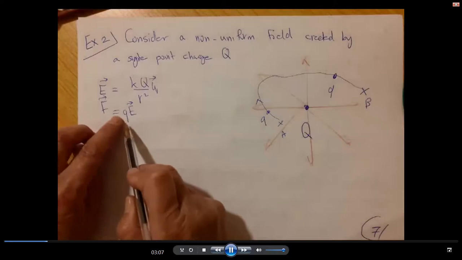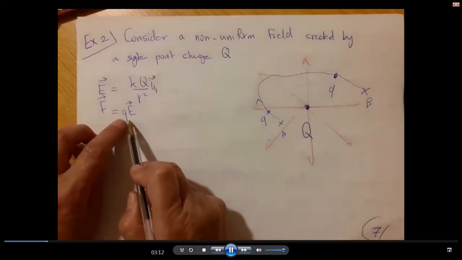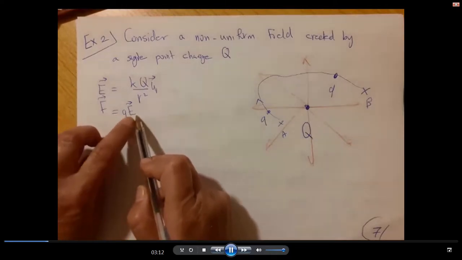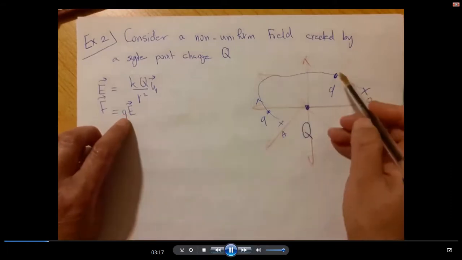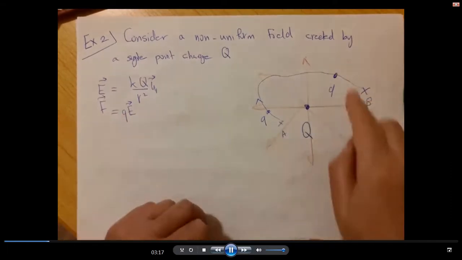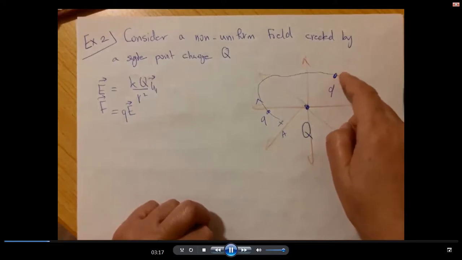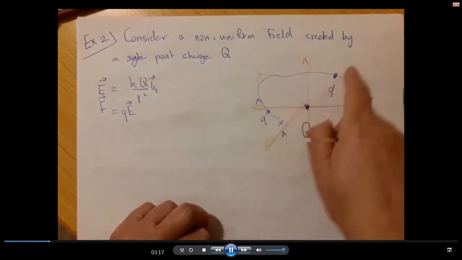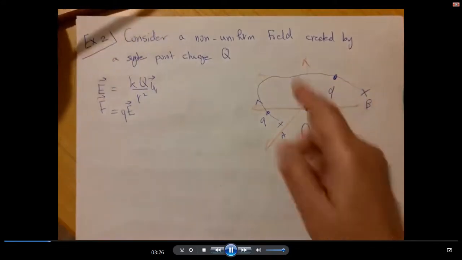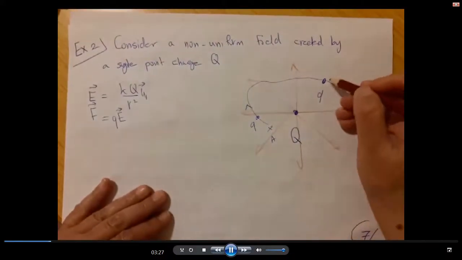Q is positive, times the electric field at this location created by capital Q, which is radially outward, so it's with the electric field.